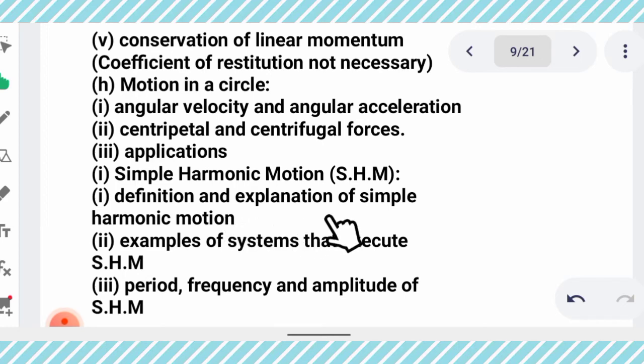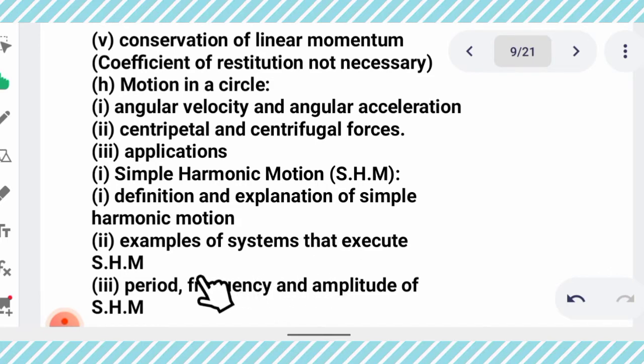The definition and explanation of simple harmonic motion is the one we have done. Examples of systems that execute simple harmonic motion are the beating of your heart, movement of a string, and movement of a vibrating tuning fork, and so many of them.